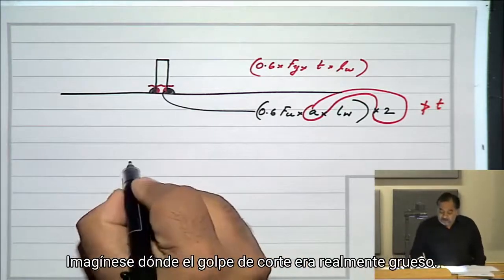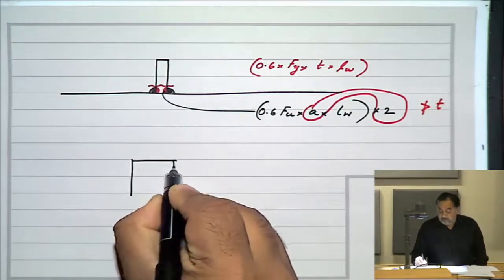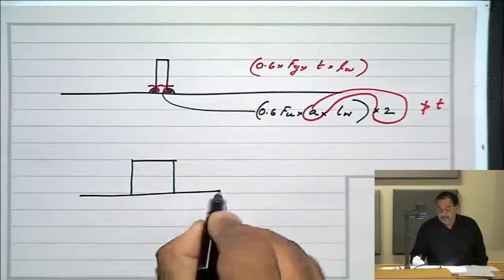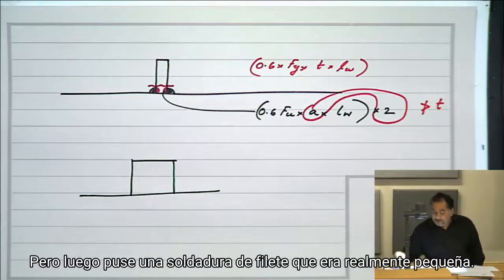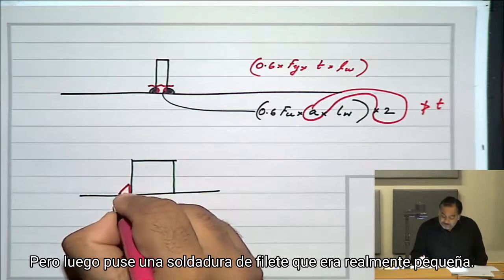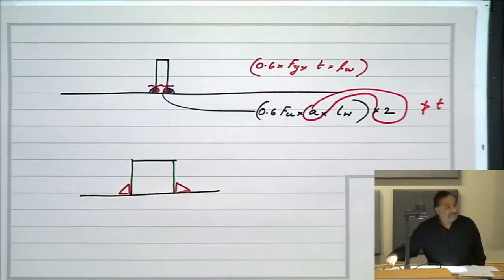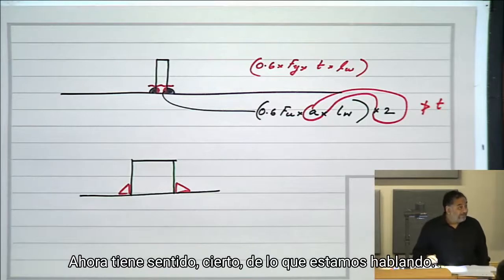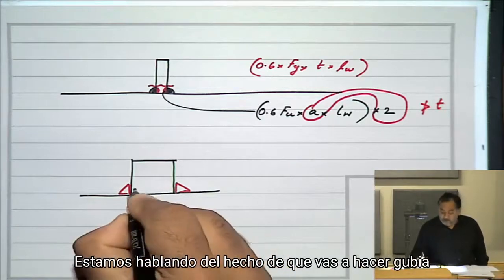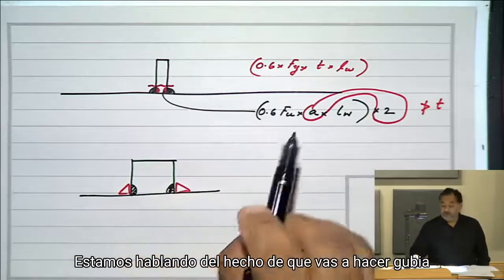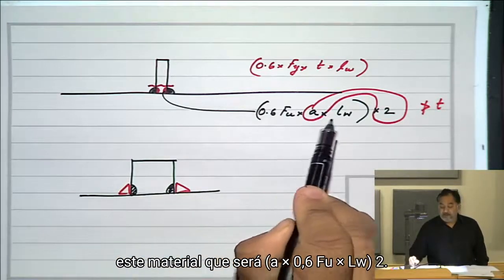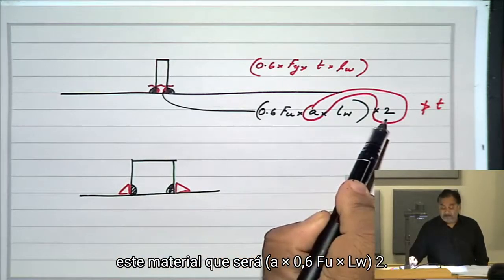Imagine where this shear tab was really thick. Right? Put in a shear tab that was crazy thick. But then I put in a fillet weld that was really small. Now it makes sense, right? What we're talking about is the fact that you're going to gouge out this material, which will be A times 0.6 Fu multiplied by Lw multiplied by 2.